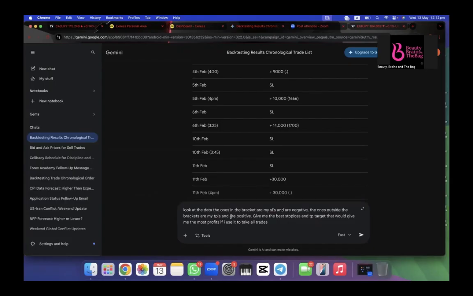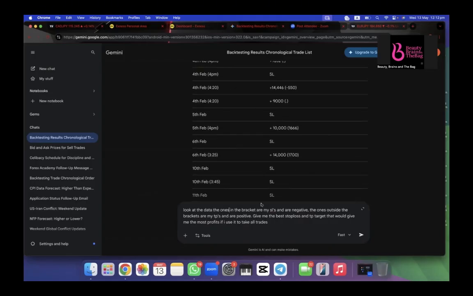The ones outside the bracket are my TPs and are positive. Give me the best stop loss and TP target that will give me the most profits if I use it to take all the trades. So I'm asking you to ignore the SL alphabet.